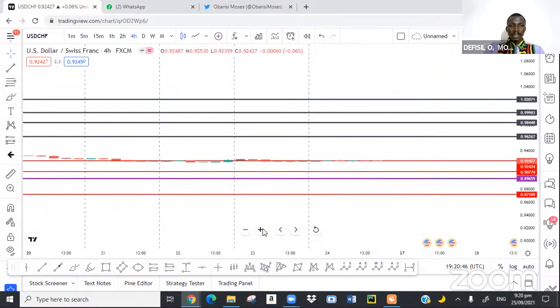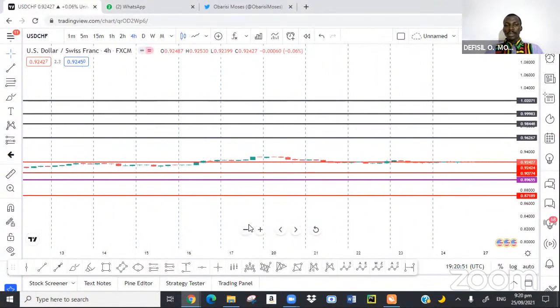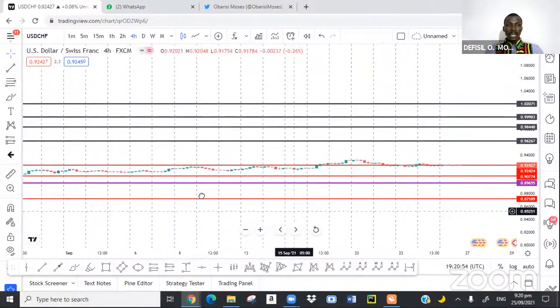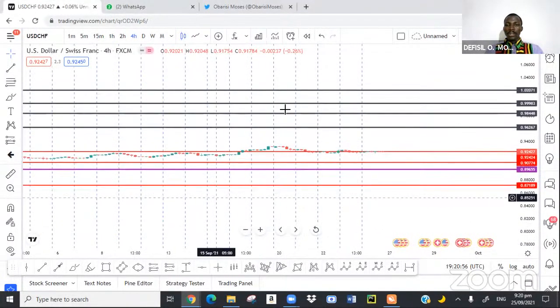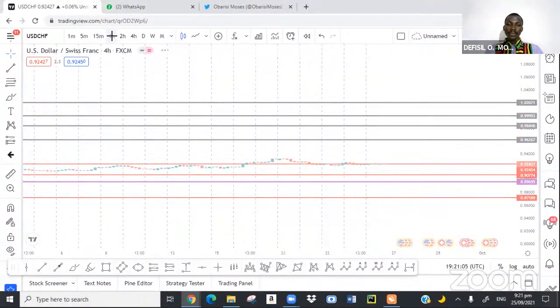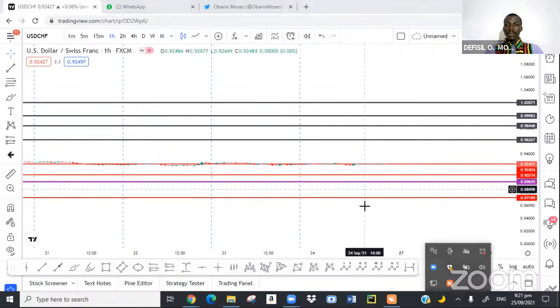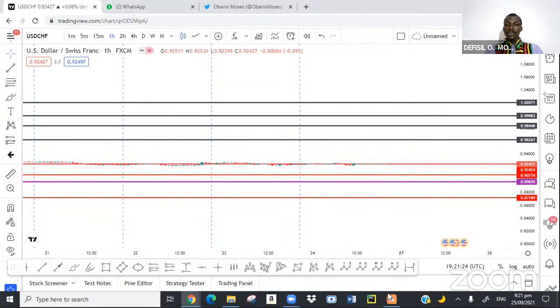There's not much difference between the 4-hour and the daily time frame. So let's go to 1 hour.